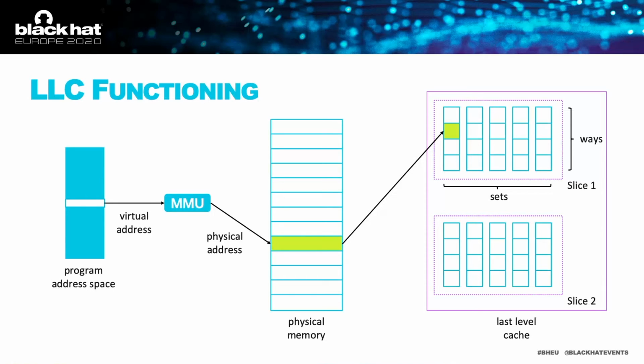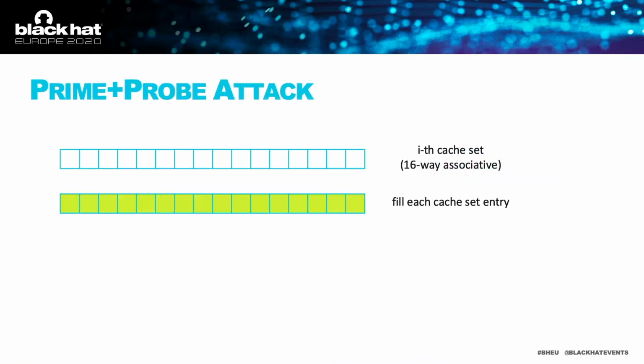And from the bits of this physical address, you can determine in which cache set and in which slice of the cache you should put this cache line when you're reading or writing it. The number of sets depends on the size of the cache, but also on the associativity of the cache, the number of ways, which is also the size of the set.